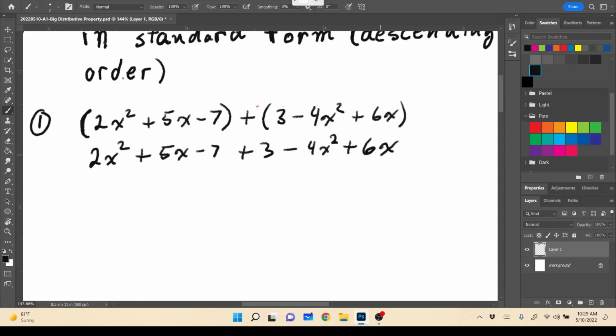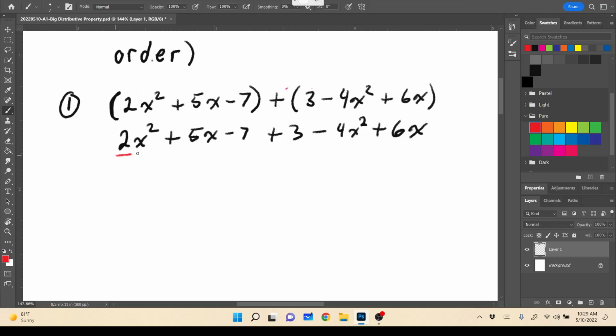What are we going to do next? We're going to combine like terms. That's exactly right. So what would this 2x squared go with? 4x squared. The negative 4x squared, right? What would the 5x go with? 6x. And then the negative 7 would go with the positive 3.